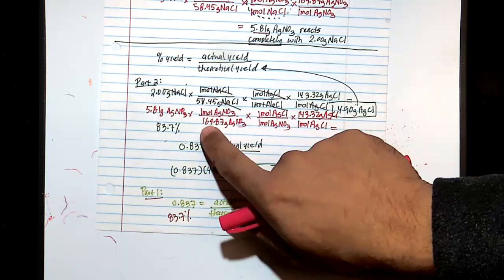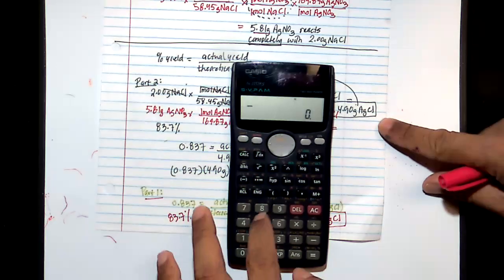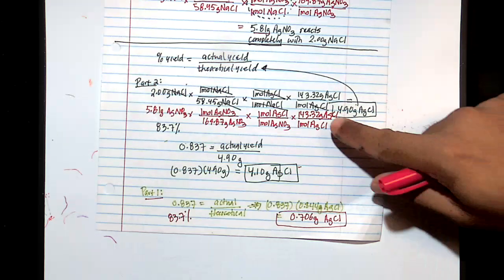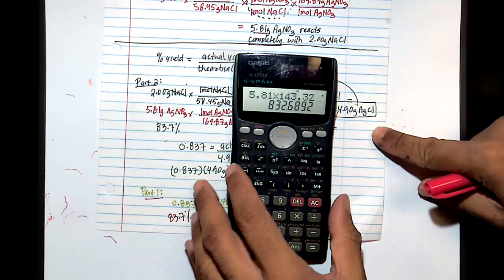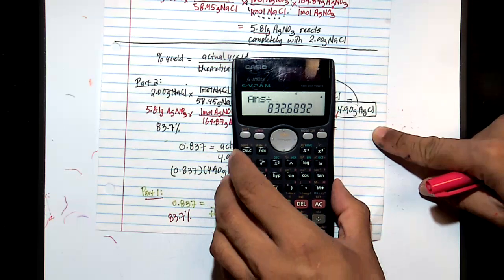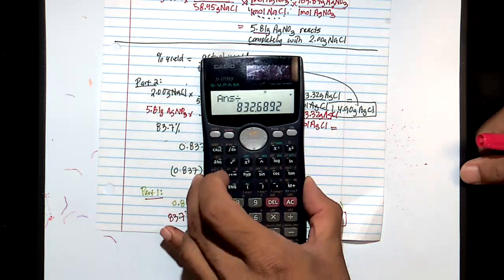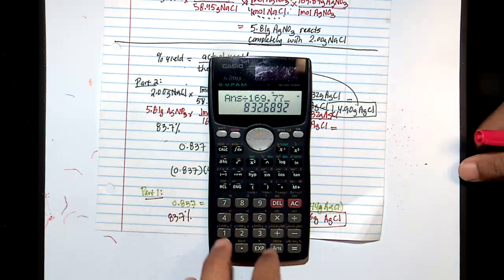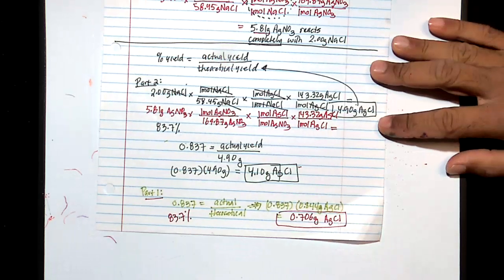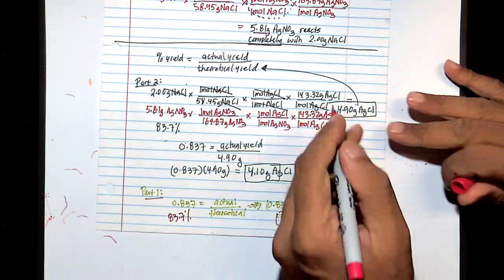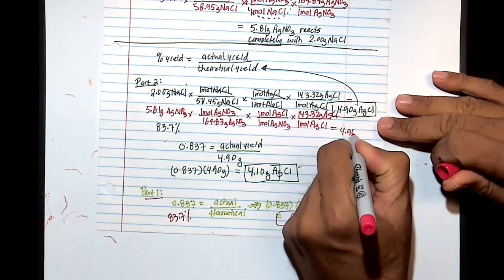Something's not right here. 5.81 times 143.32, divide this by 169.87: 4.90 grams. All right.